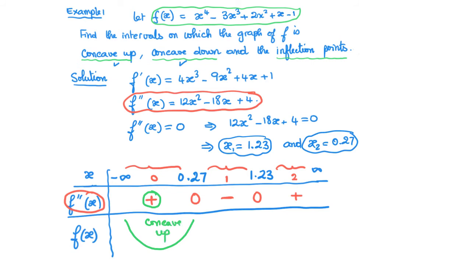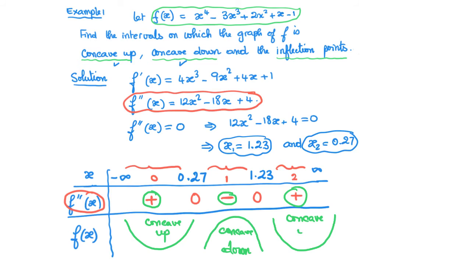And then the second derivative becomes negative in this interval. So in this interval, the function will be concave down. And finally, from 1.3 to infinity, the second derivative is positive. So our function, or its graph, is going to be concave up.